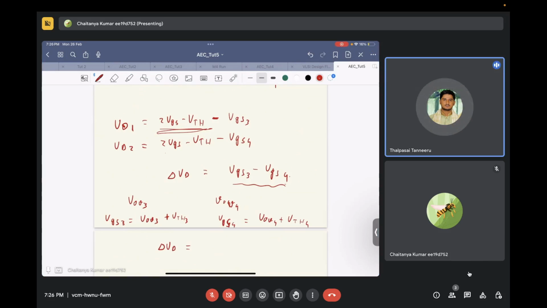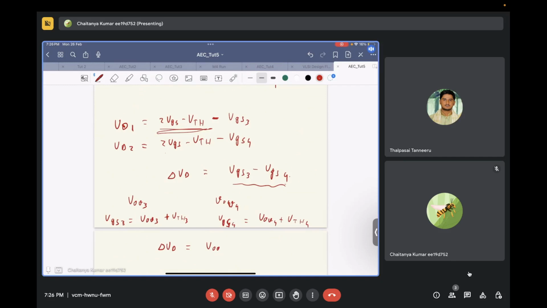VOV3 and VOV4 are nominally equal. So delta VD will be equal to VTH3 minus VTH4, which is equal to delta VTH.